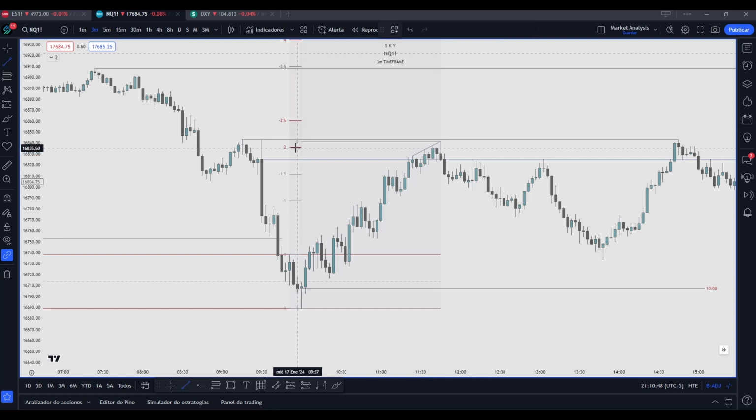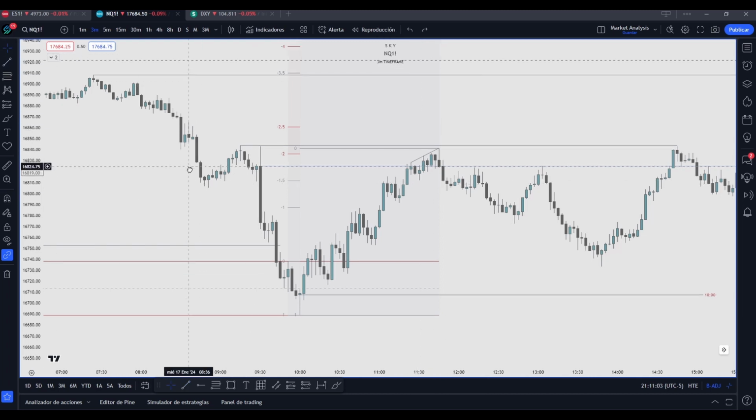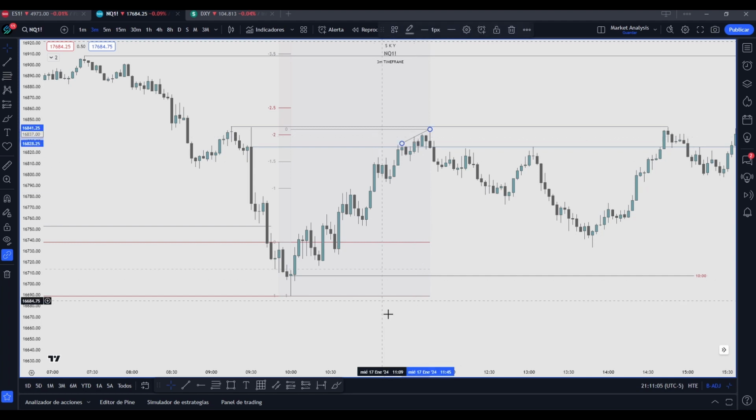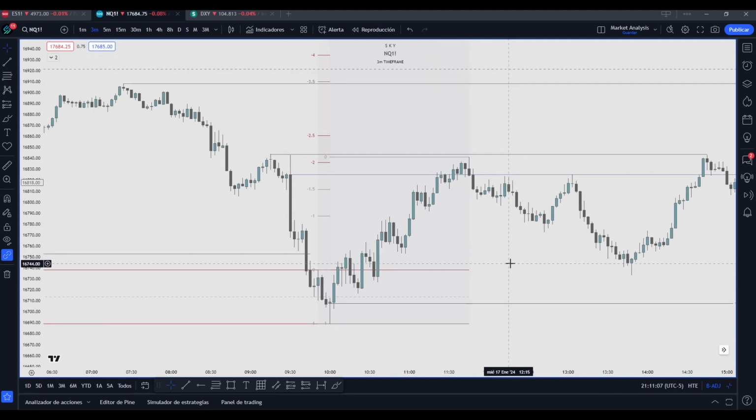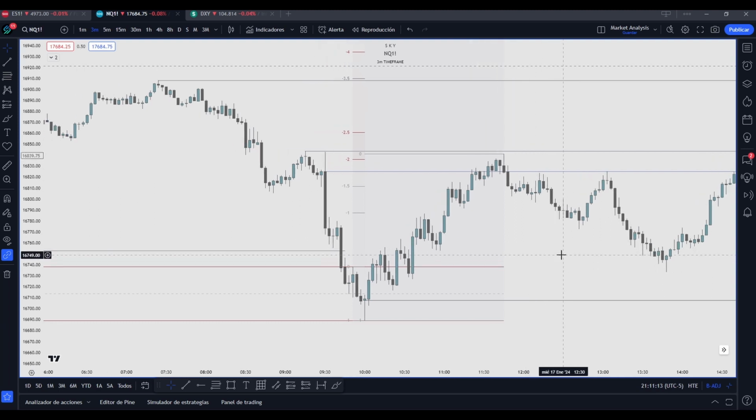So I would probably just close it once I see this SMT and start seeing this rejection, this displacement of this level. I would close the trade in this candle. I think I got it. If I had the example, if I took the trade, I would be pasting it in the video. But this was very clean.